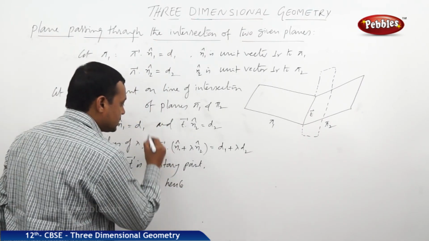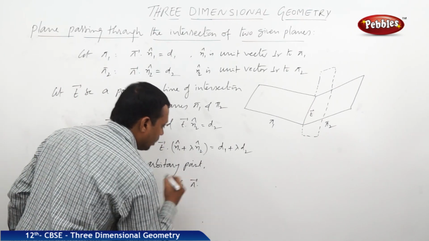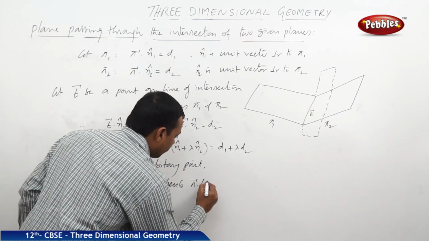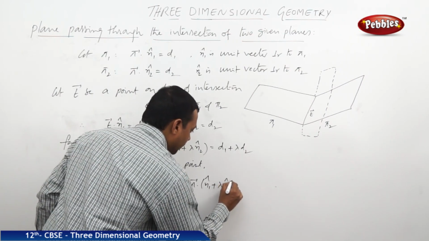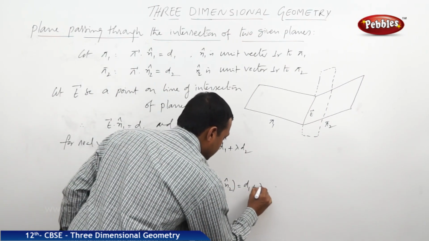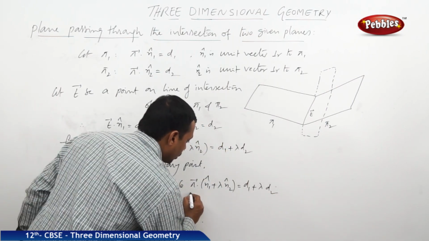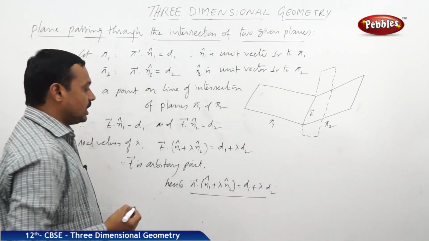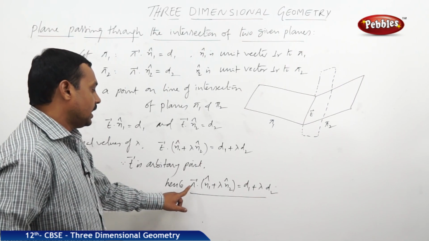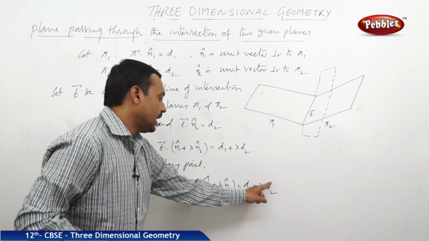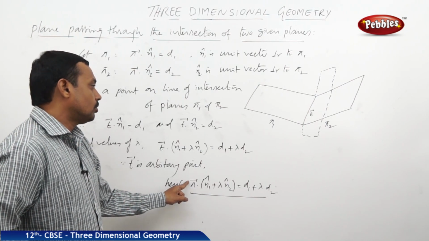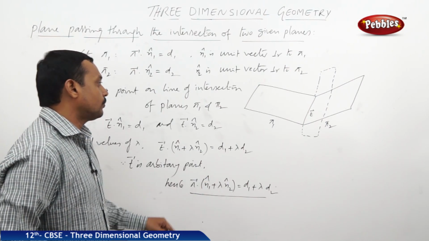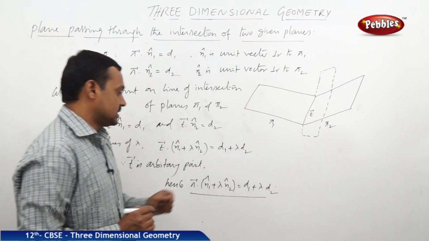Hence we replace t vector by r vector. r dot n1 cap plus lambda n2 cap is equal to d1 plus lambda d2. This represents the equation of a plane that passes through the line of intersection of two given planes.